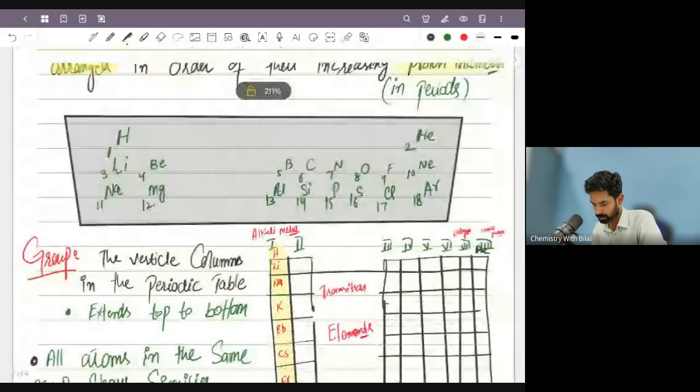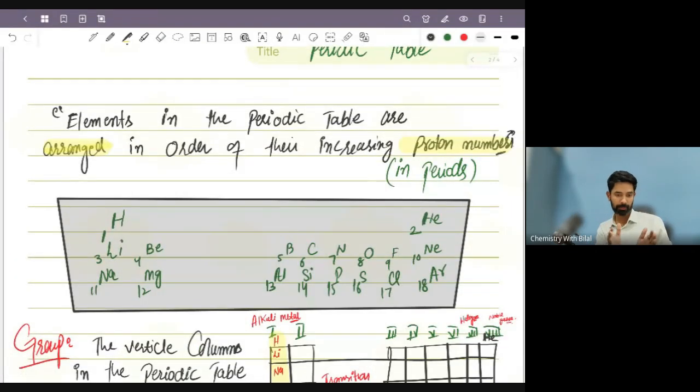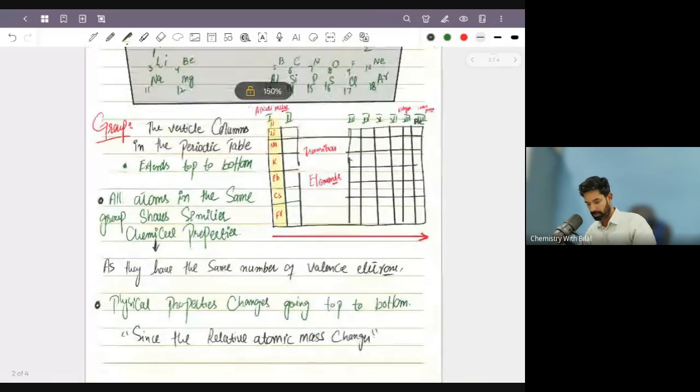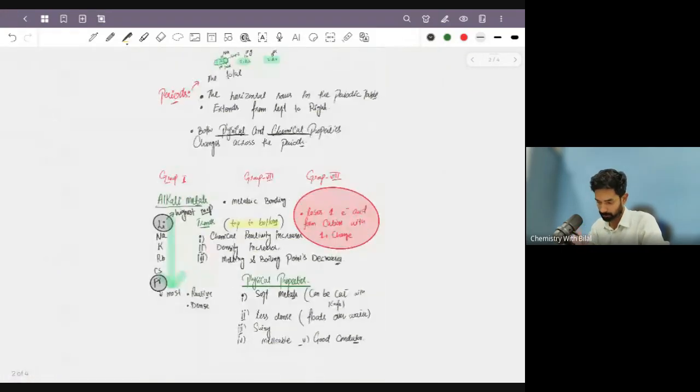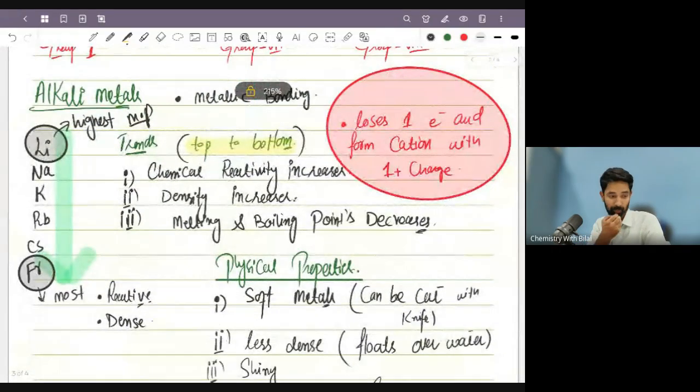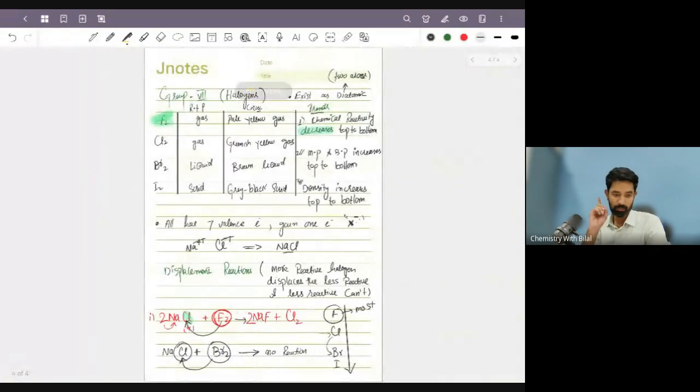And then, as I said, we will do a collective past paper worksheet from 3 chapters, 1, 2, and 3 combined in the next 2 or 3 classes, and then we'll start with acids, bases, and salts in the further classes. So the periodic table is extremely easy. Atoms are arranged on the basis of their increasing atomic number, classified as groups and periods. Groups are the vertical columns, periods are the horizontal rows. We studied group 1 and group 7 in detail. We'll do group 8 and transition atoms tomorrow along with the past paper questions.